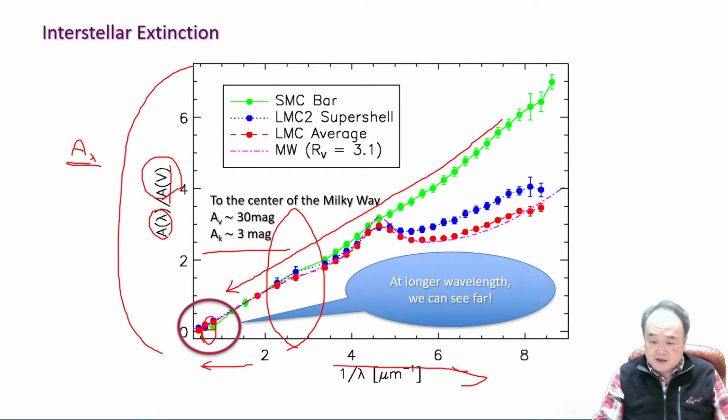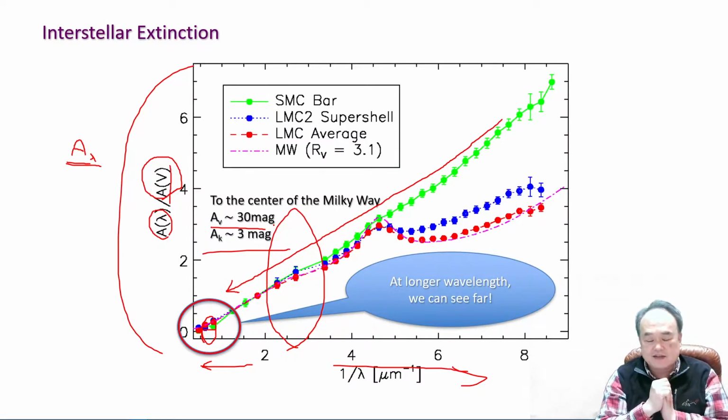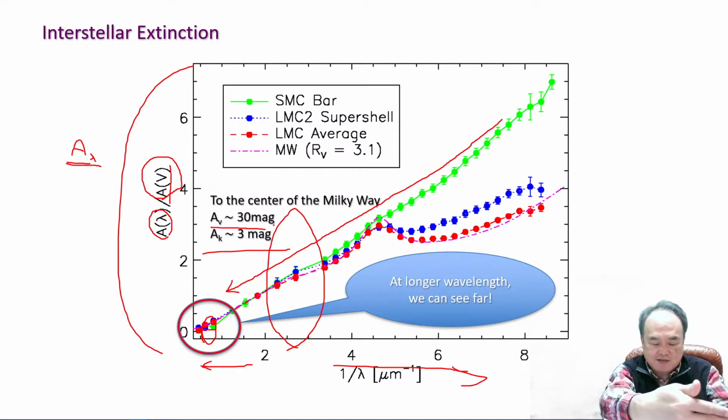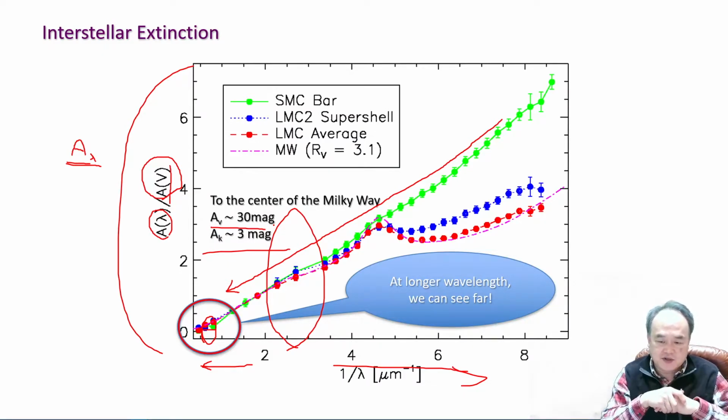In terms of magnitude, say we put the same brightness object at the center of our Milky Way galaxy. The light traveling through all these intervening materials at visual band suffers 30 magnitudes of extinction when it reaches the Earth.